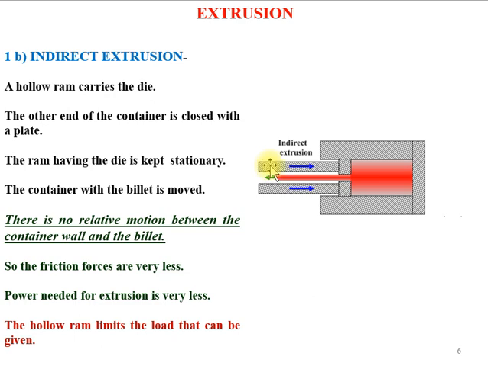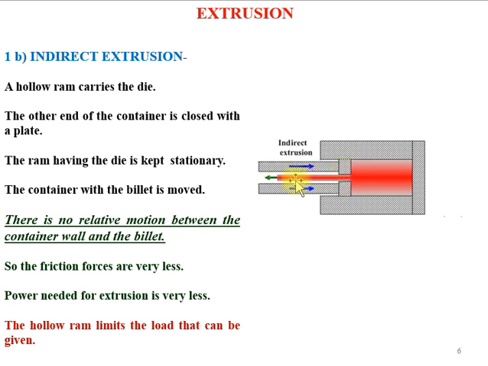Now when we apply a force onto this billet, there is no opening at this end. So when we induce the stress or compressive force onto this billet, the material should escape some way out, right? The only opening that it has got is this opening on the ram.